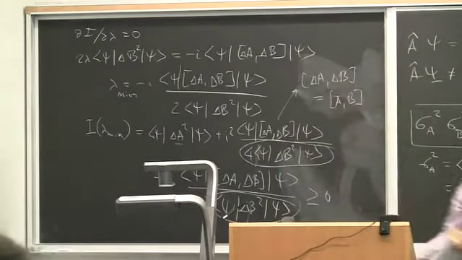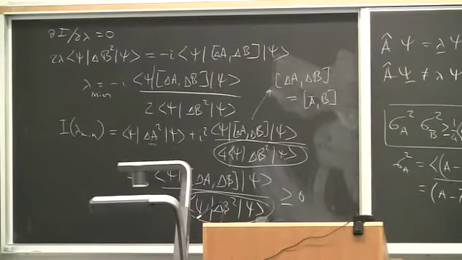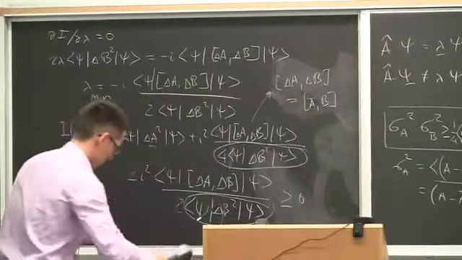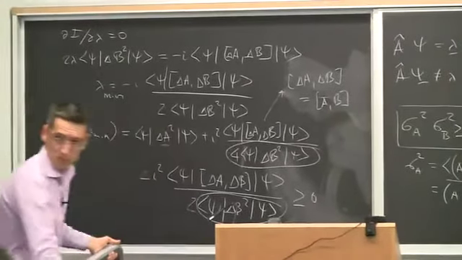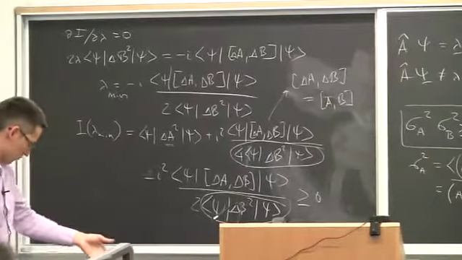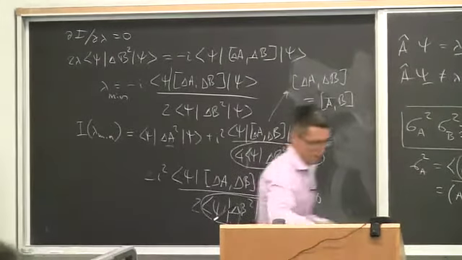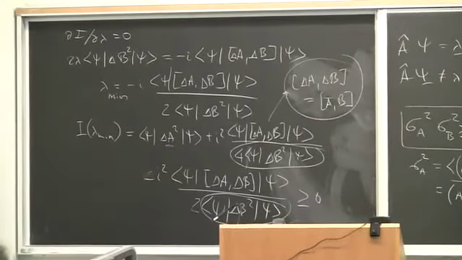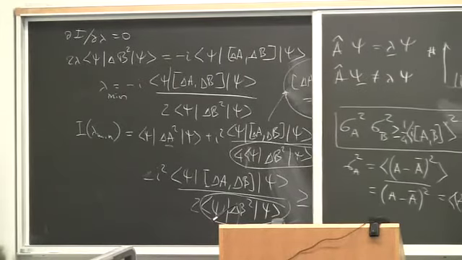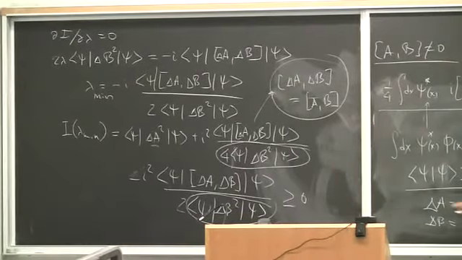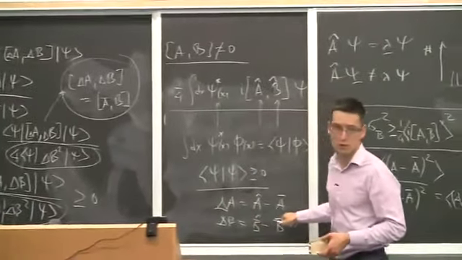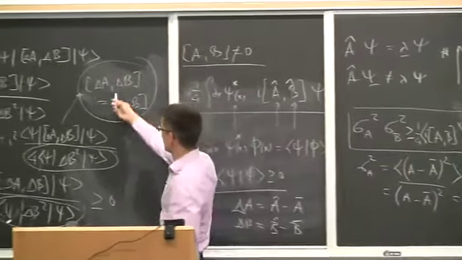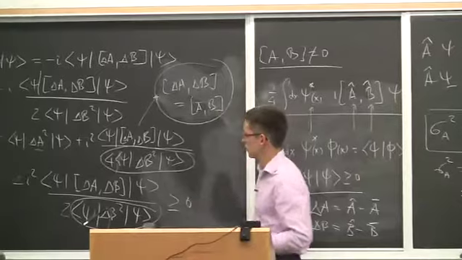That's why the numerator, yeah. Can you see like this? Okay. This is true because the only difference between delta A, delta B and the actual A and B are these constant terms, and constants commute with everything. So that's why we have the delta A, delta B commutator the same as the A, B commutator.